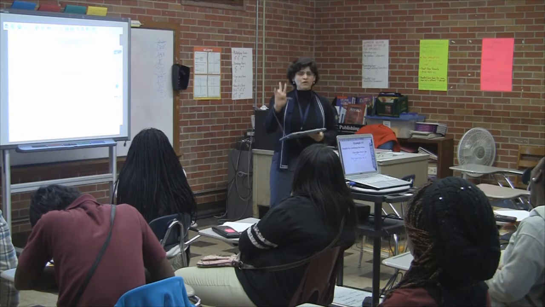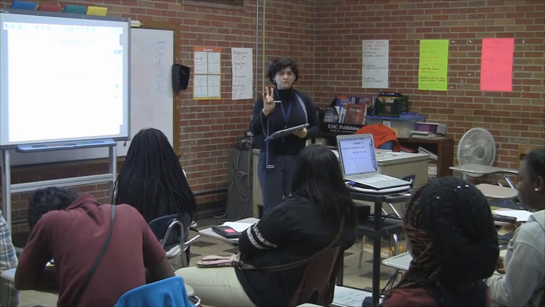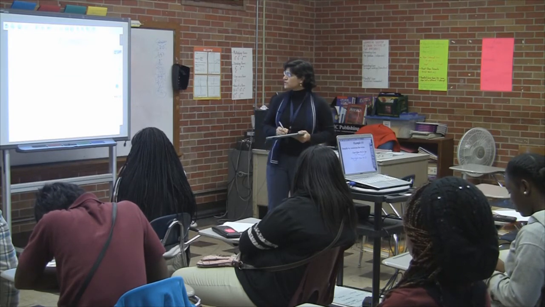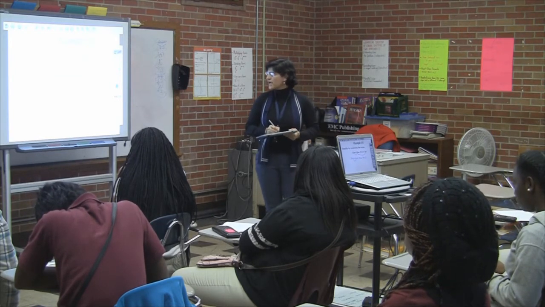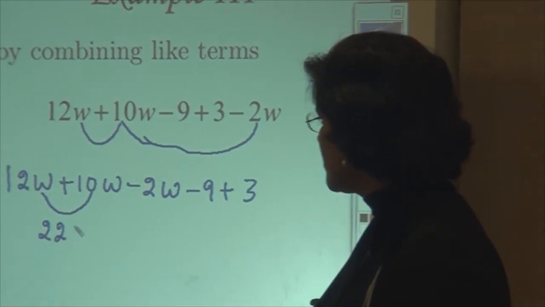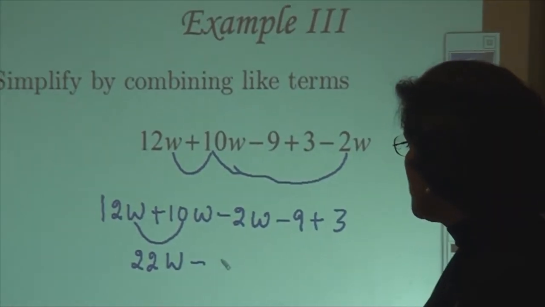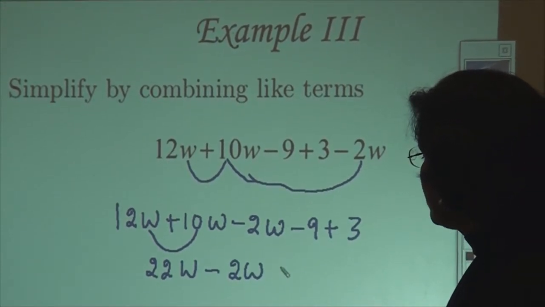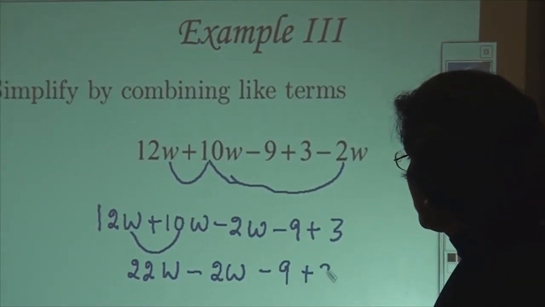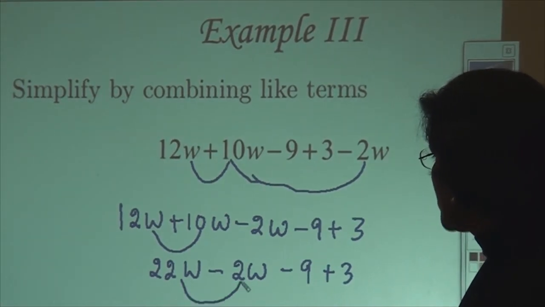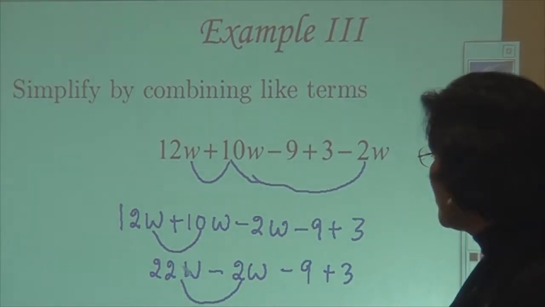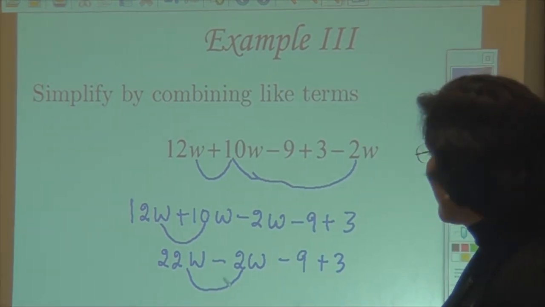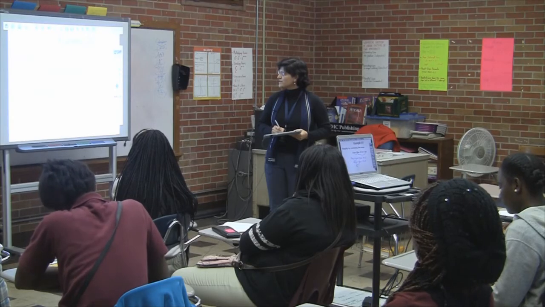So as a rule, try to combine two terms at a time. So let's do this. What is 12 plus 10? Quickly. 22 minus 2w. Let's do two terms at a time. Let's combine 22 minus 2w. What do you get? 20.